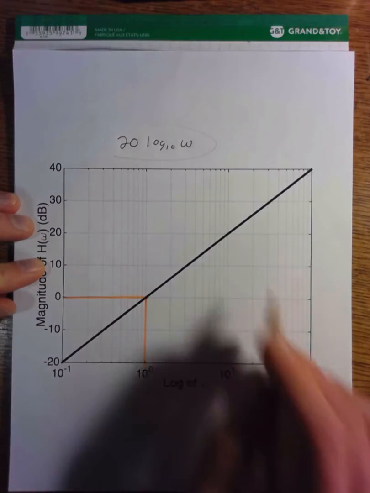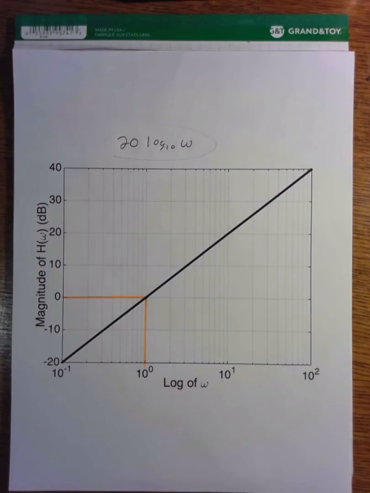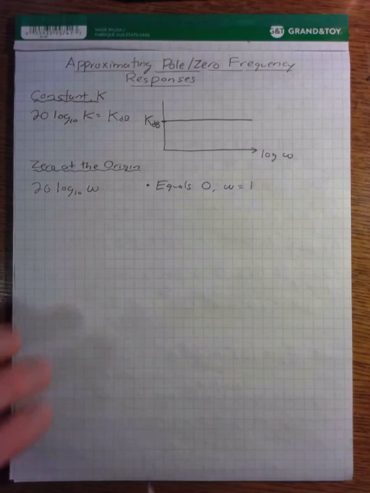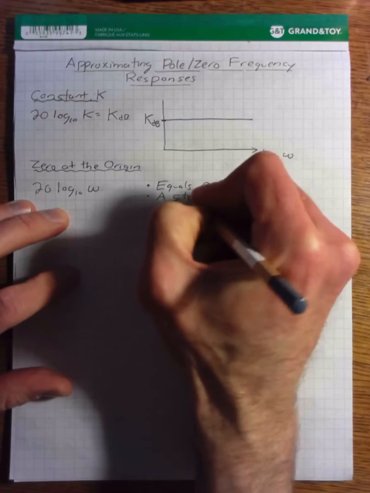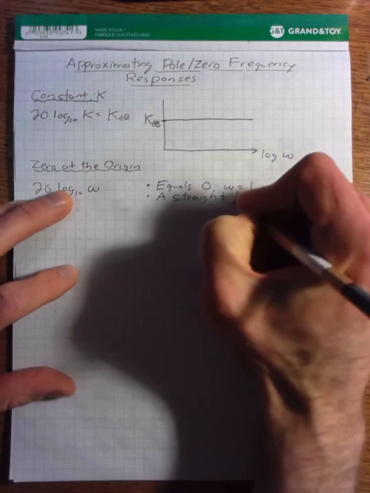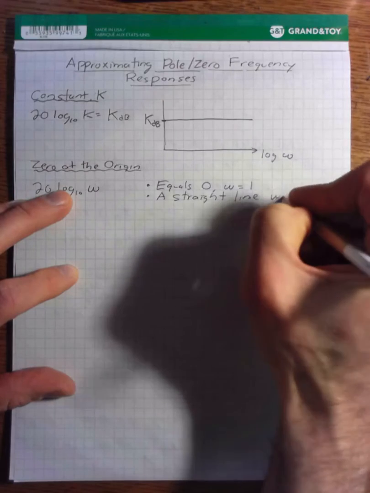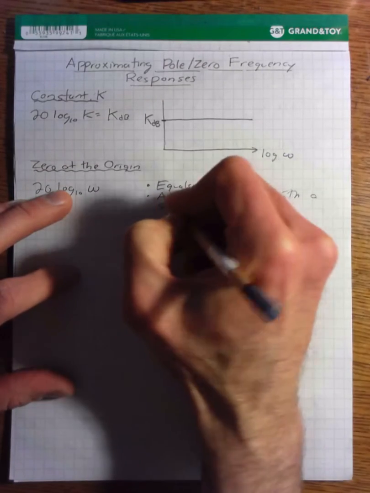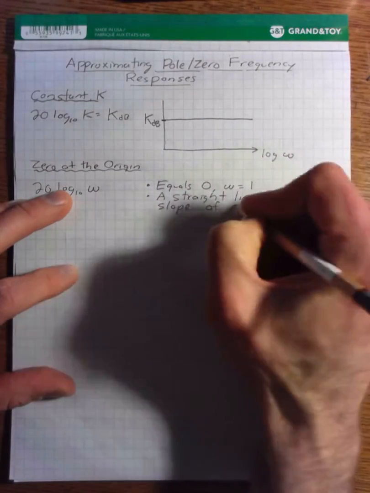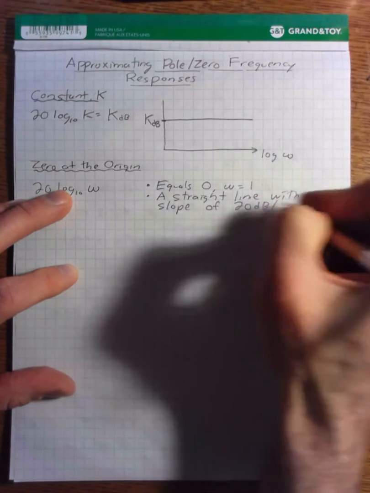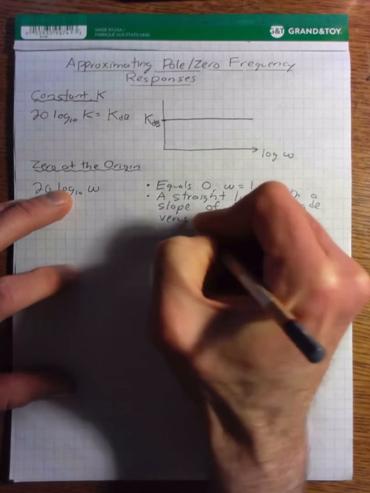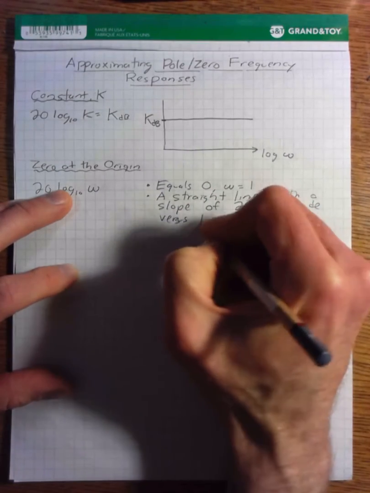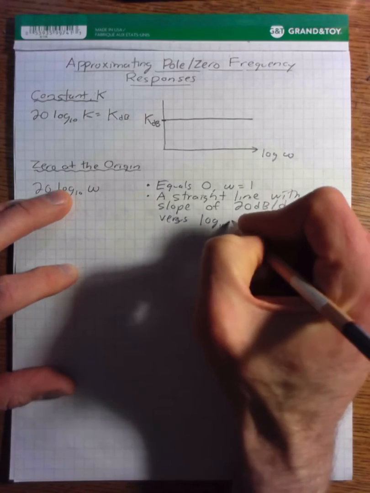When we go from 10 to 100, we go up by 20 dB. Versus log 10 of omega.